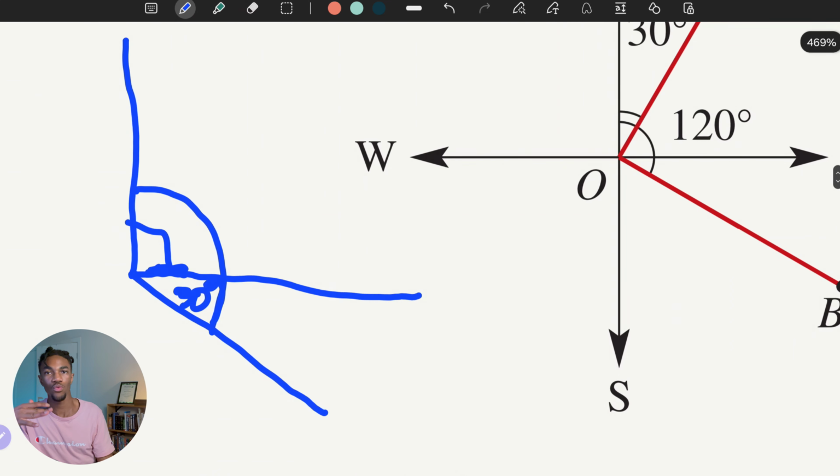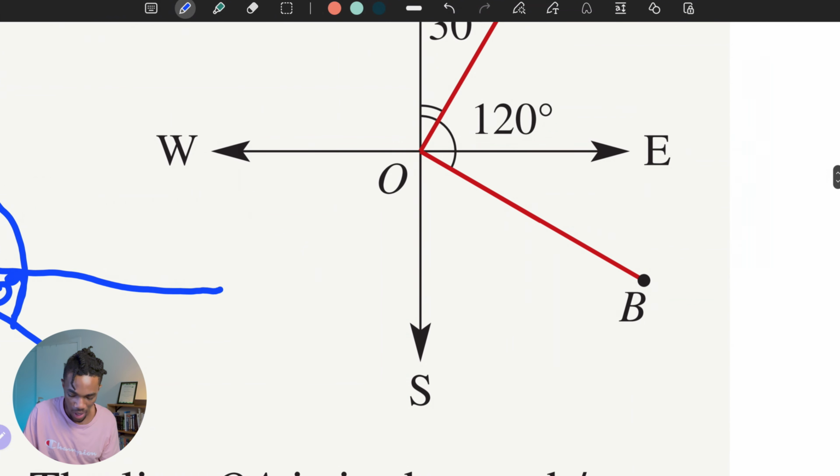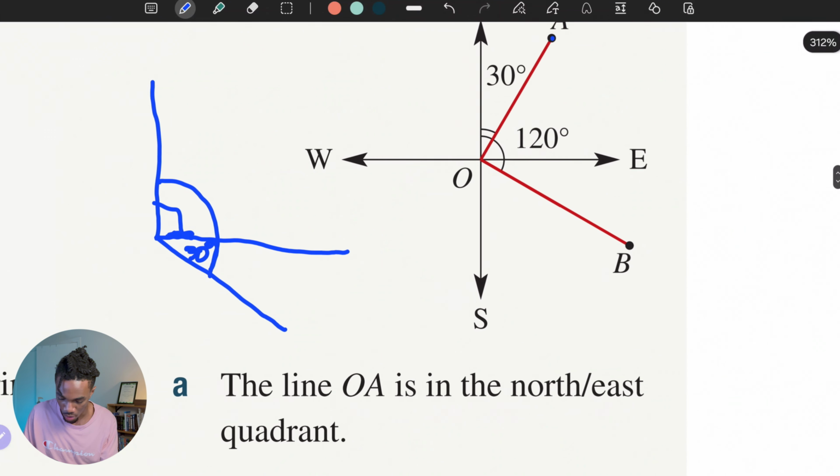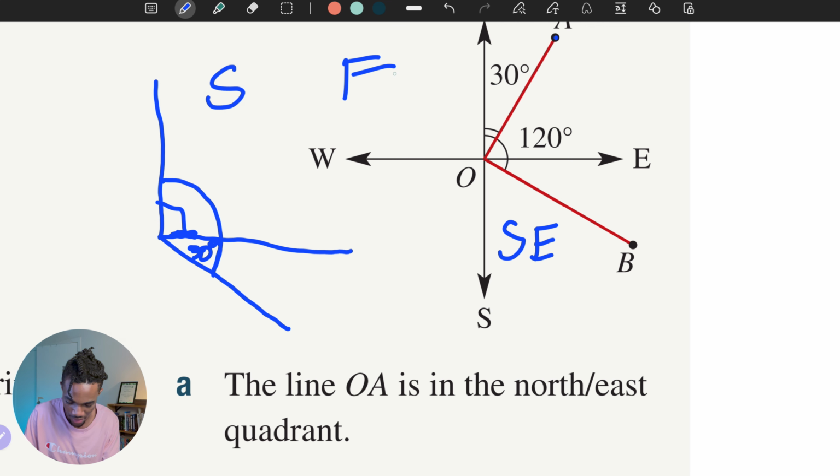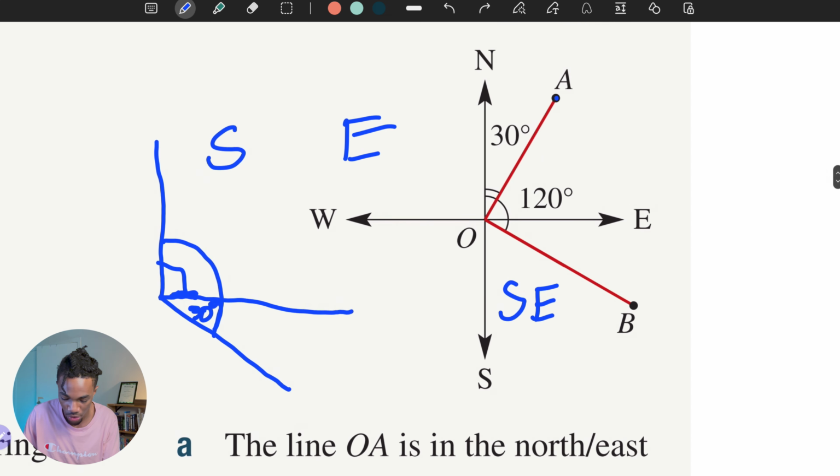But that's not what we're trying to do. When we're doing compass bearings, we really want to nail where in the quadrant it is. This bearing is in the southeast quadrant, so it's going to be southeast, with a degree in the middle. What is that degree though? When you're doing compass bearings, it either starts from north or from south, so it can be north something east or south something east.